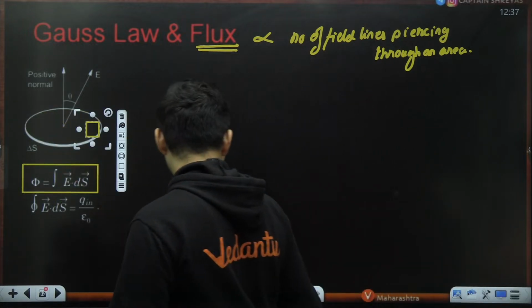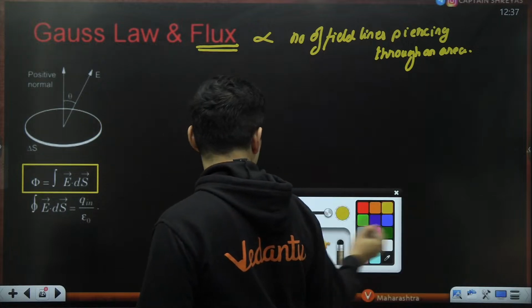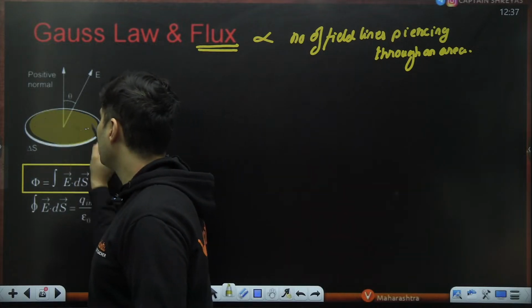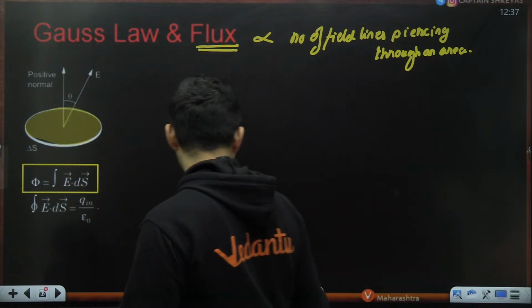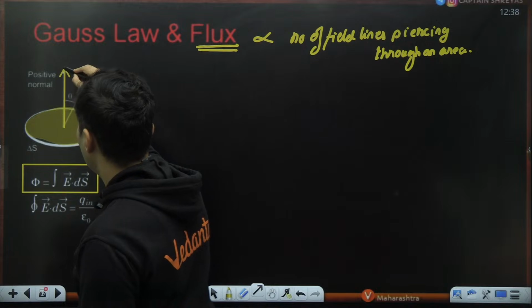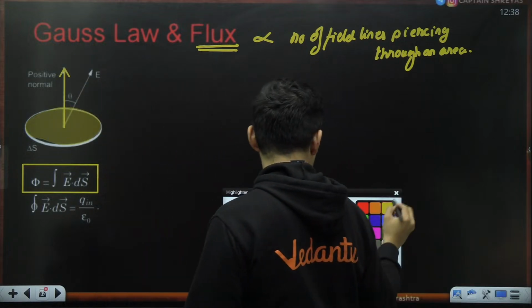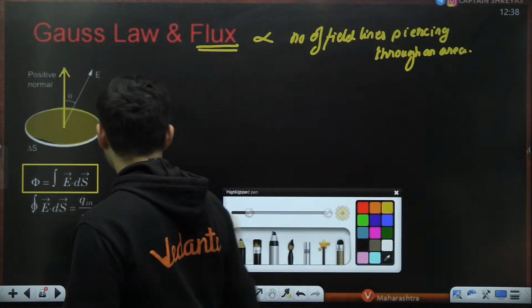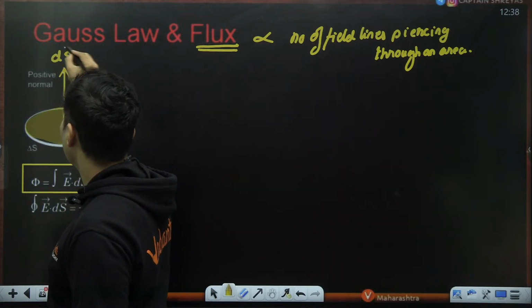So if you have an area which is like this, the area vector is always perpendicular to that surface. So this is your area vector, this is your ds area vector.